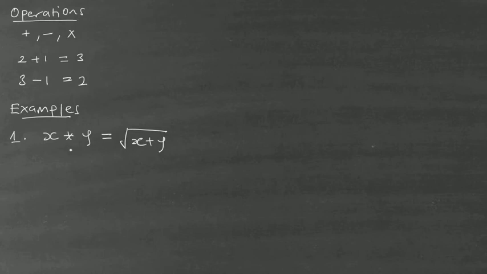So its rule is this: when you're given x with this sign in the middle, the operation you're going to do on those numbers is to get the square root of the sum of the numbers. For example, if you're asked to find 1 star 2, what does it mean?